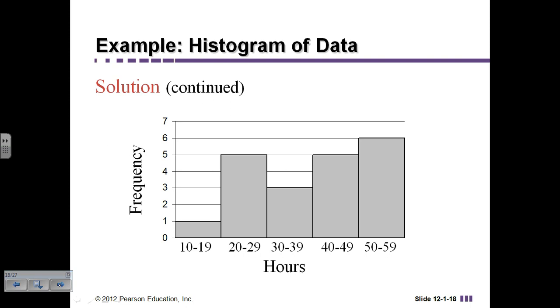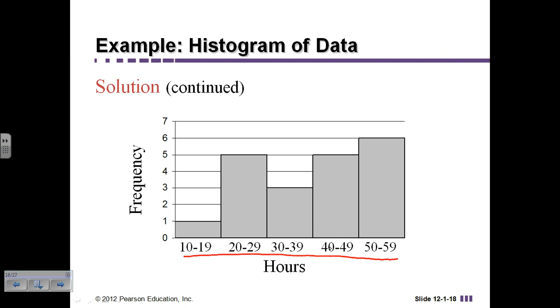So again, we can take this information and we can plot it in a histogram. And you'll notice across the bottom, we took the different classes and we listed the different classes. So we said 10 to 19, 20 to 29, 30 to 39. And then we, again, used the same frequency just like we did before, and we were able to graph our histogram.